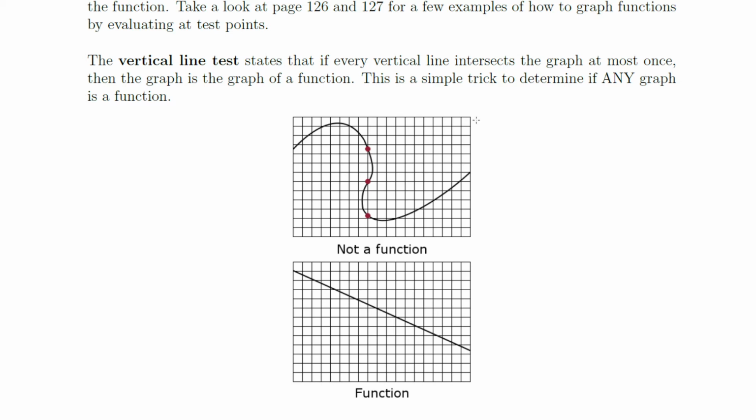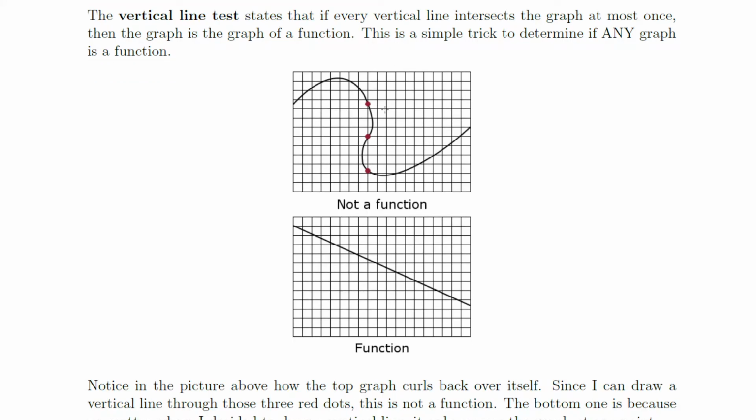So a simple trick to determine if any graph is a function is to imagine you're drawing straight vertical lines through each point on the graph. If it fails the vertical line test, it will cross the graph at multiple points. It won't just be one point.